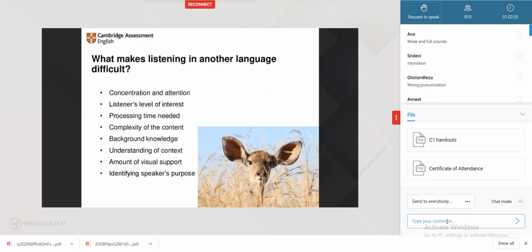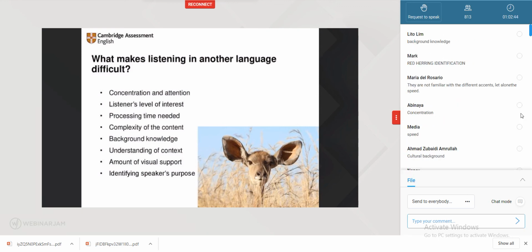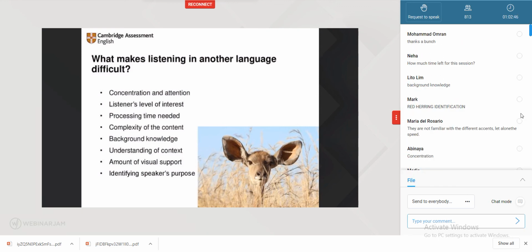Lots of different things. What do we come up with, Victoria? Yeah, I think everything has been mentioned. Well, maybe concentration and attention wasn't mentioned, but it plays a very important part when it comes to listening. Also, the level of interest, processing time, the complexity of the content, background knowledge. Hopefully, this is not relevant in our tasks. No, it shouldn't be.